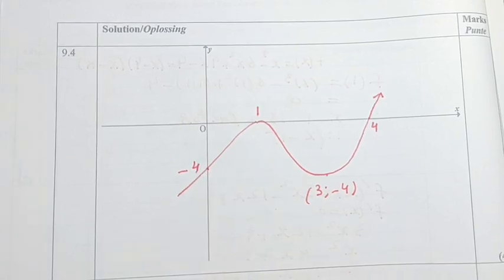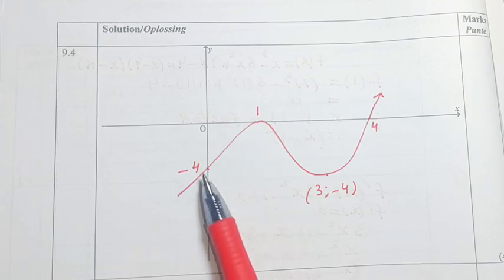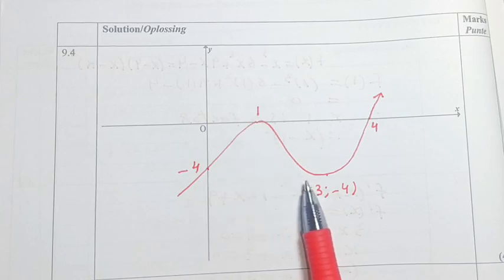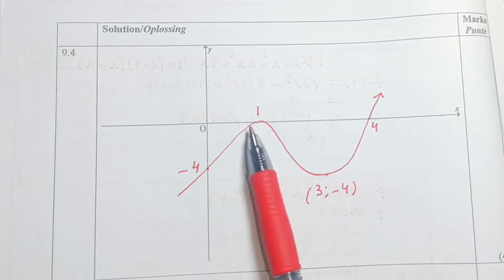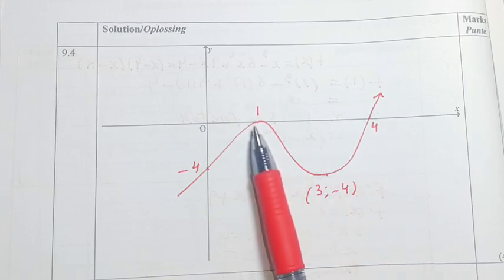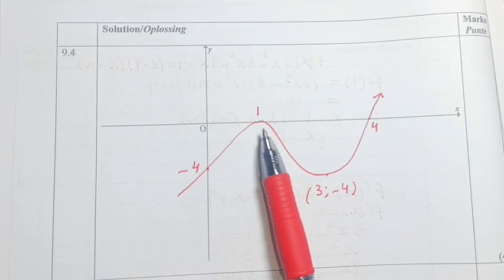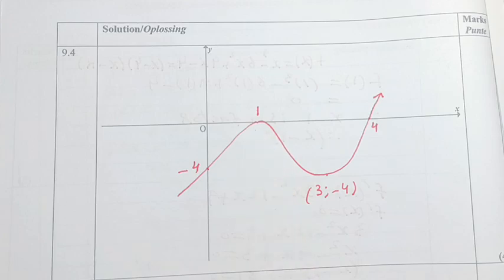So I substitute all the points here. I display all the points: the y-intercept, this is the first turning point, this is the second turning point, and these are the x-intercepts. But remember, the turning point and the x-intercept are in the same place, so we count the x-intercept twice. So this is the graph.